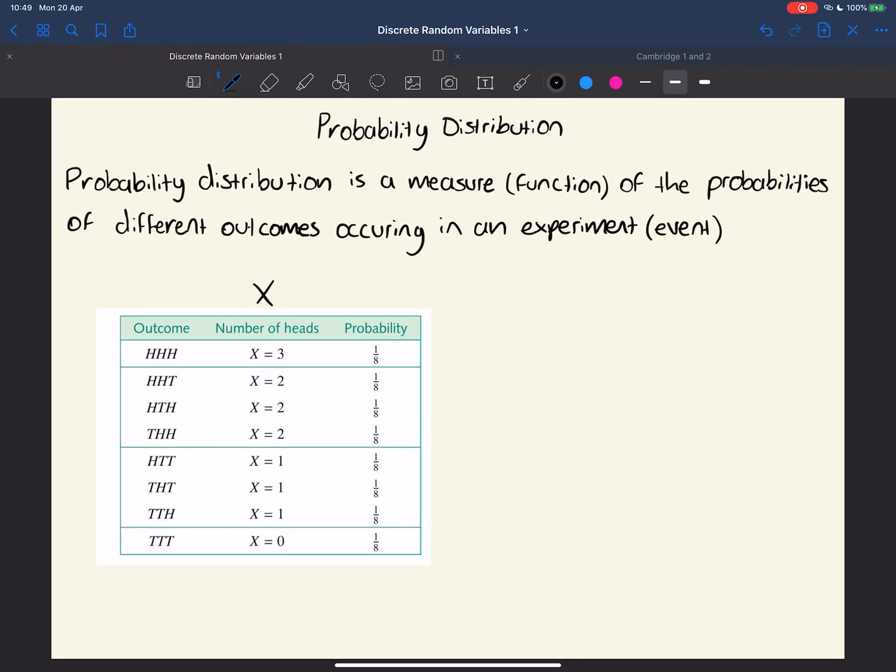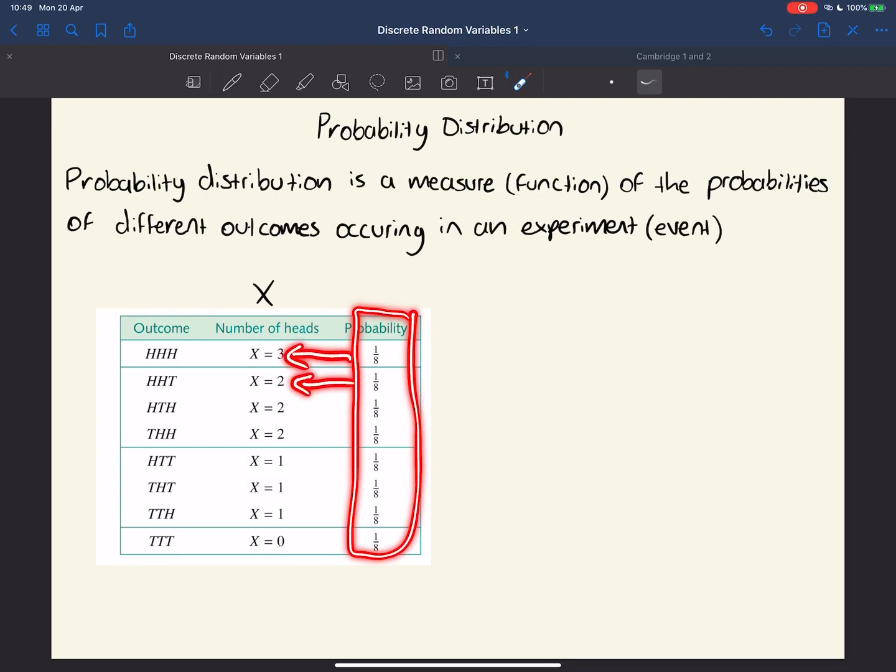Okay, so now we also have the probability of each of these particular outcomes, right? And together with the probability associated with each value, that's what we call the probability distribution.